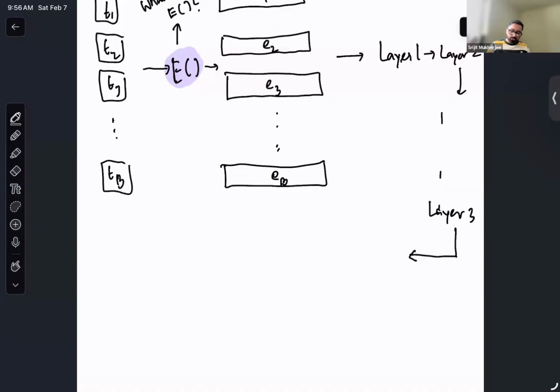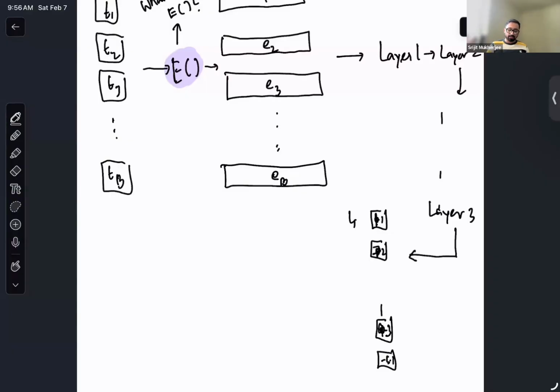It's a probability vector. So out of these layers, you will be getting raw numbers for each one of these. Raw numbers, let's say 1.1, 7.2, 9.3, minus 5.1, for all of them.